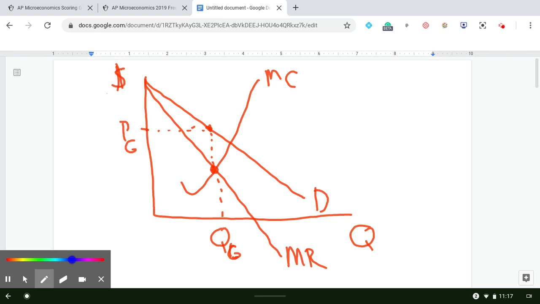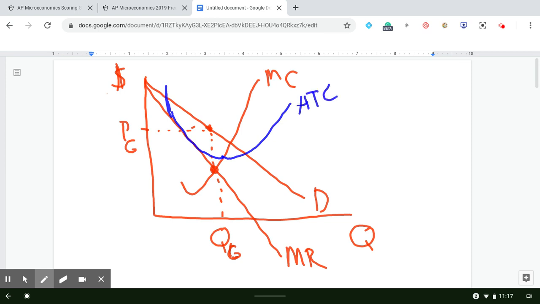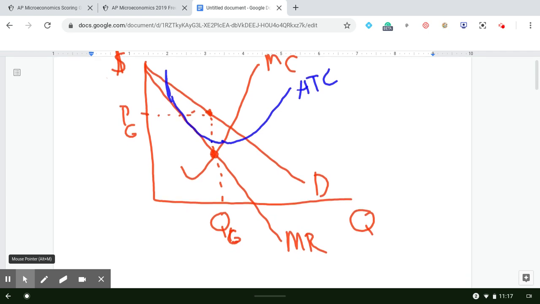ATC will minimize at the marginal cost, so we're going to make sure that we have the minimum point on the marginal cost curve. But we're also going to make sure that we draw it so that the ATC is somewhere between the price and the quantity, somewhere in this region right in here, just to make sure that we're showing positive economic profit.